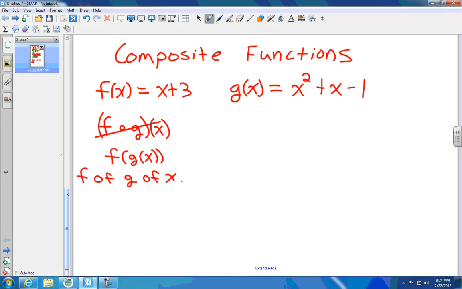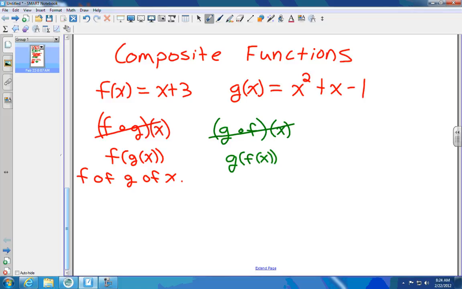And it's the same no matter what the order is. They may want you to find g of f of x with the open circle. So again, don't write that in your homework. It's g of f of x. Okay, so make sure you do that.